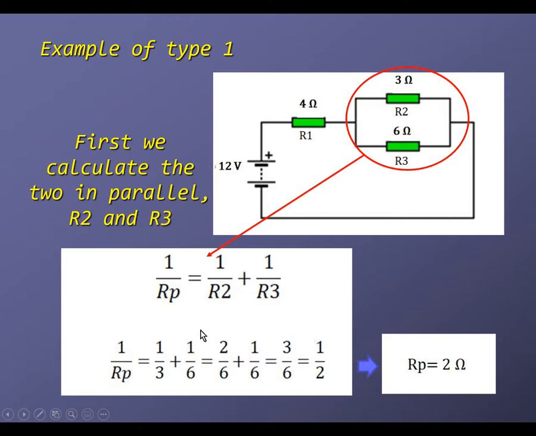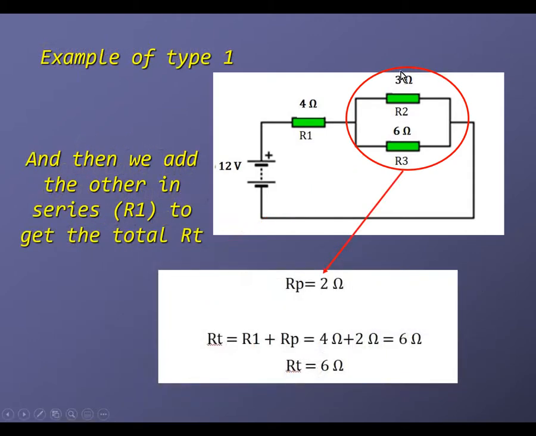Remember that in parallel connection the formula gives you the reverse of the equivalent resistance. So after flipping this result over, we get that the parallel resistance of these two, the equivalent resistance of these two, is 2 ohms. Next step would be adding this equivalent resistance to the other we have in series.